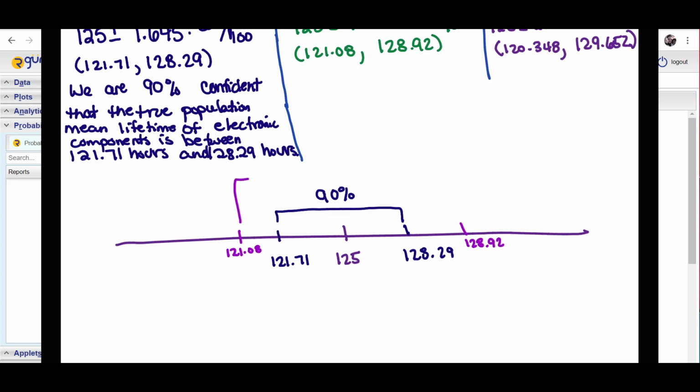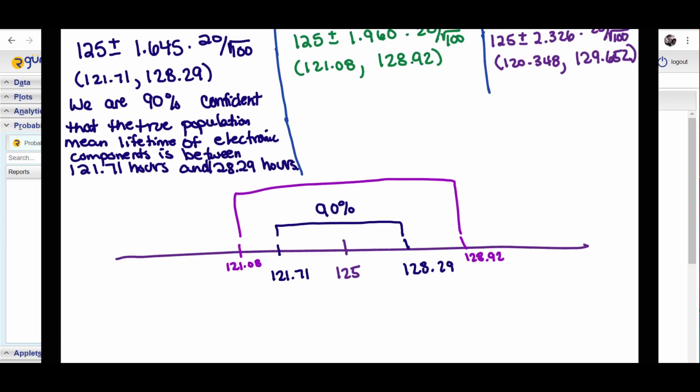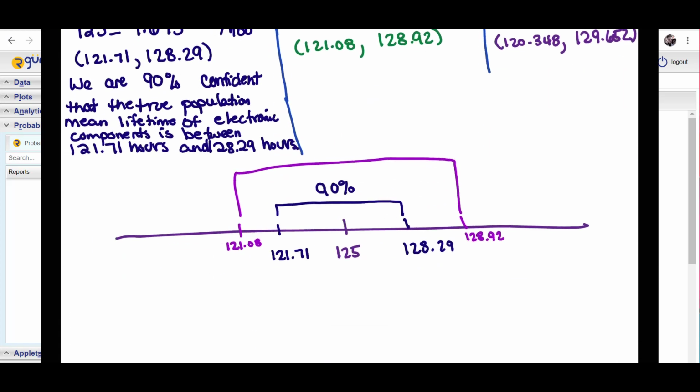And so that is the confidence interval that is 95%. So you can see when we went from a confidence level of 90%, that confidence interval was more narrow than the confidence interval for 95%. So it's definitely a wider estimation.